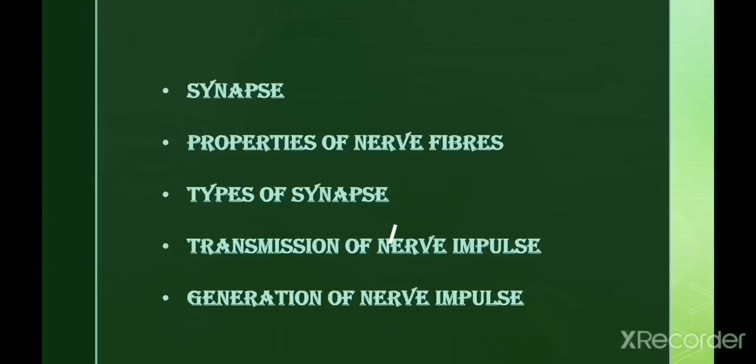Last time we studied synapse, properties of nerve fibers, types of synapse, transmission of nerve impulse, and generation of nerve impulse. Today, first of all, we'll start with a short review of generation and conduction of nerve impulse.